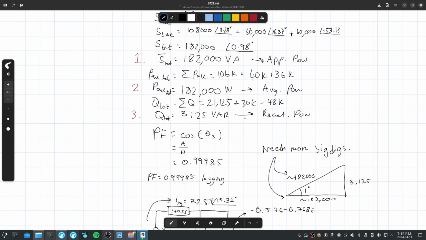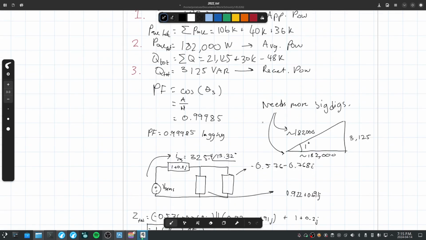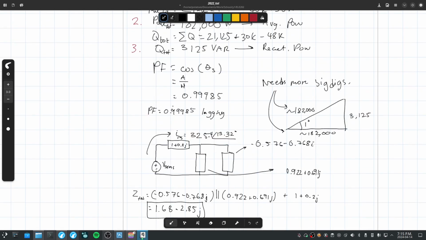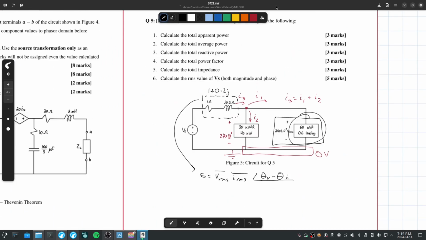How was IRMS calculated? IRMS, where? You mean here? In the last question? Yeah, so it's going to be I3. If you look at the circuit at the top, we found I3 here, which comes out of the voltage source. So the current IRMS running through this voltage source is the same thing as I3.